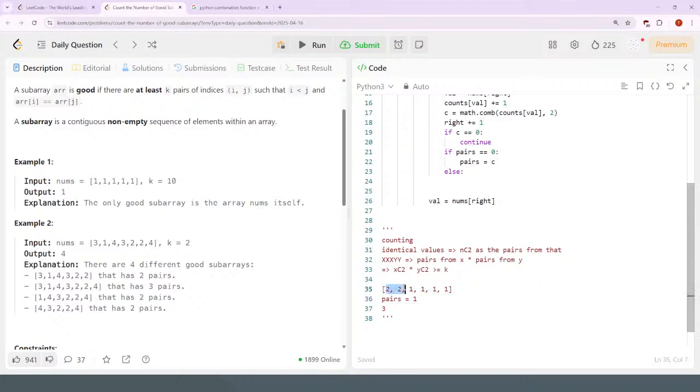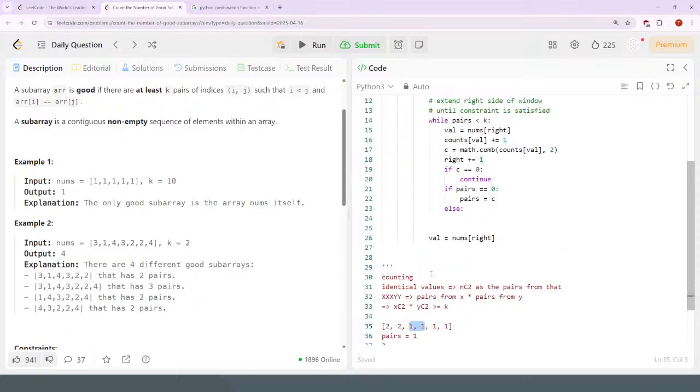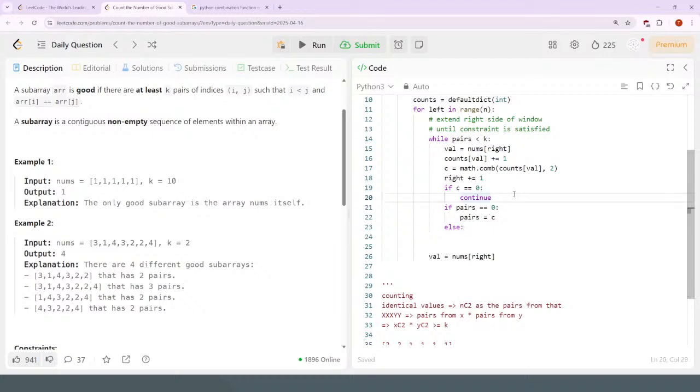But anyway, so you have 2, 2, there's a pair there. There's a 1, 1, there's another pair there. And the total number of pairs would be the sum of those two. Is it the sum or the product? This should be the sum. There's one pair created from here, there's one pair from the other. Okay.